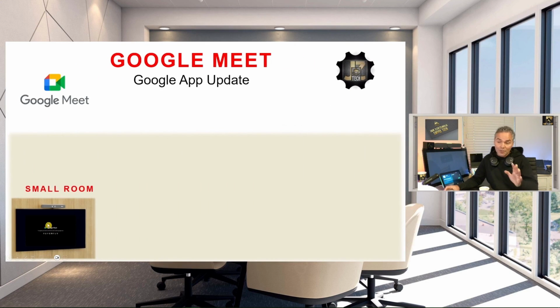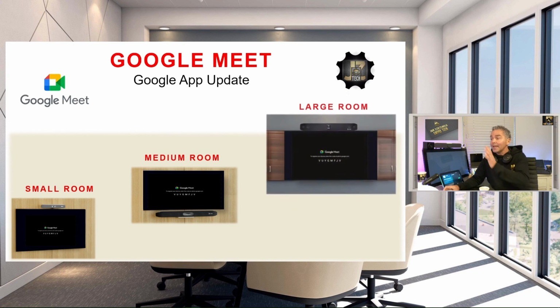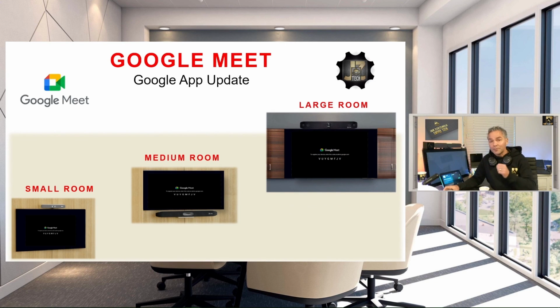So for your small rooms, you're probably going to use an X30. For your medium rooms, you probably go for the X50, or if it is a newer room, I would probably get the X52 with the better camera. And if you have a larger room, you probably go for the X70. These are all supported with the Google Meet app.